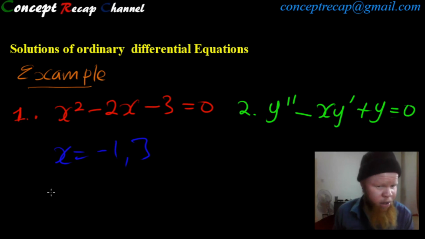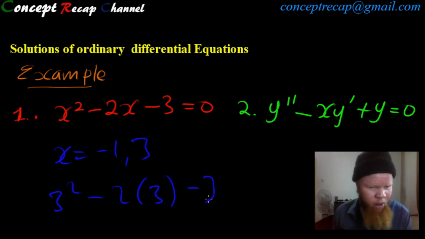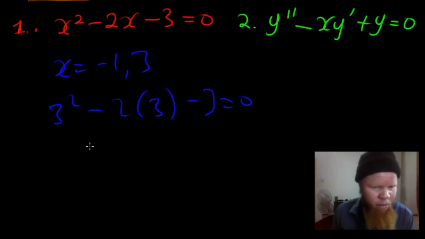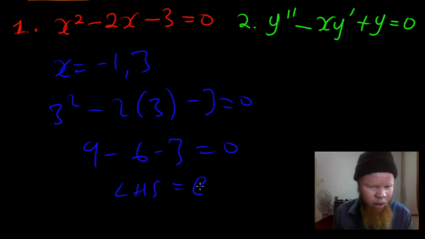To test that these are indeed the solutions or roots, you substitute into the original equation, and if the left hand side is equal to the right hand side, then it's a solution. For example, if we take x equal to 3, then this is 9 and this is 6 minus 3, and the left hand side is equal to the right hand side, so that is indeed a solution.